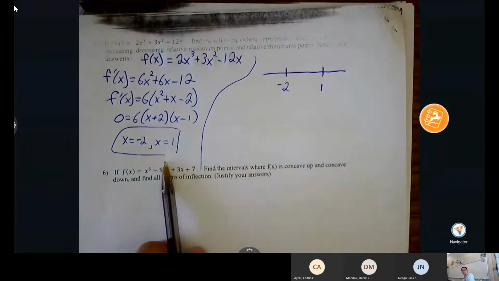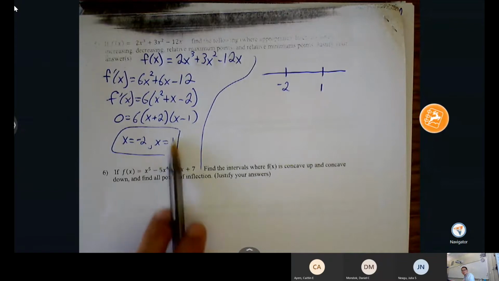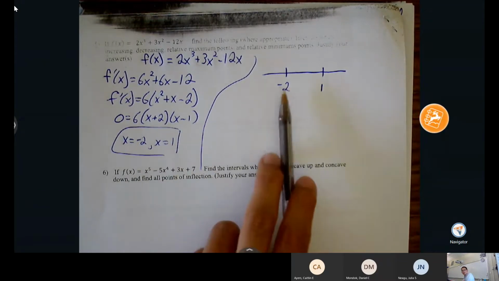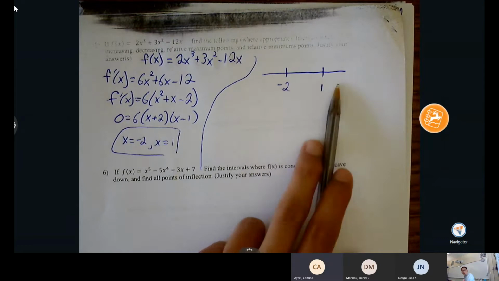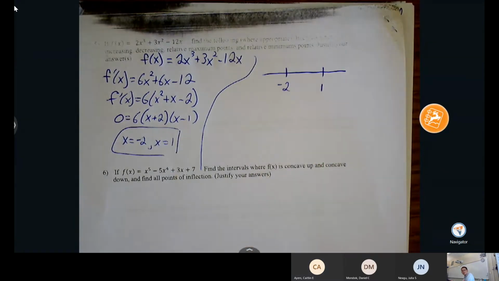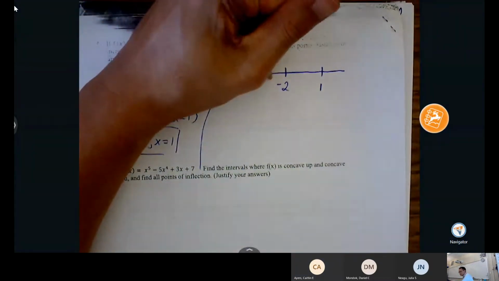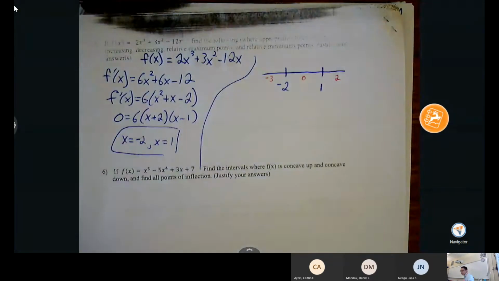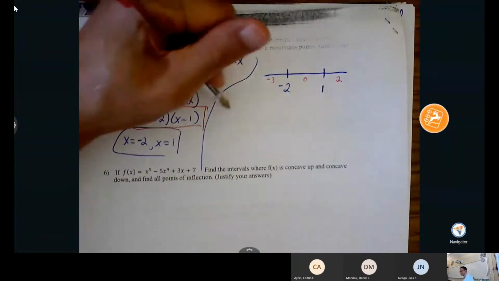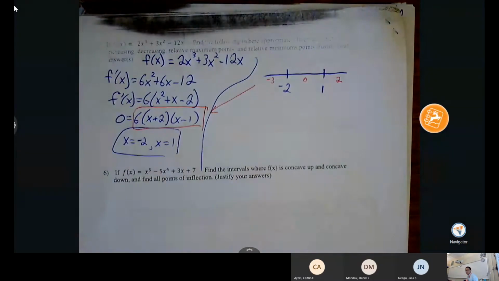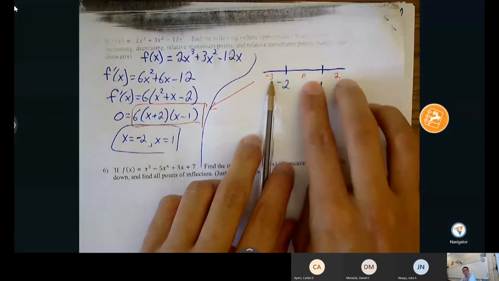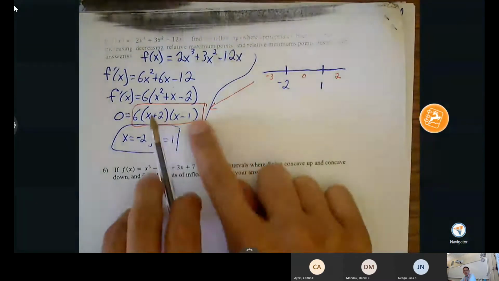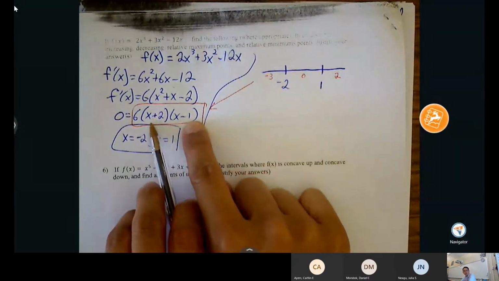Okay, are we okay so far? These are potential max and mins. And now we just want to know how the graph looks around those points. I'm going to test my test points with the factored form of my derivative.